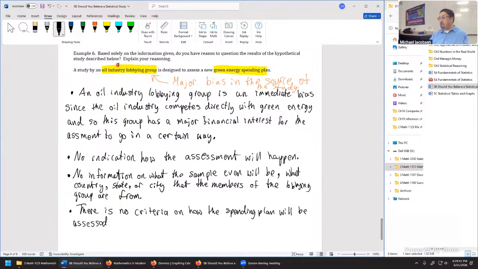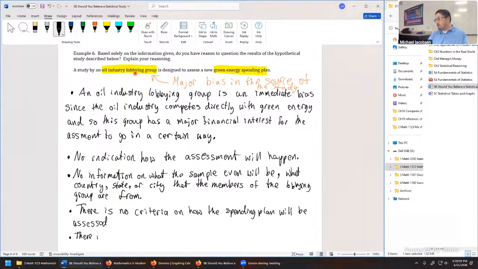We just happen to work for the oil industry, but that makes us somehow qualified. But we know that's shaky. That's a major bias. There's more to assessing energy than just being part of an industry and their lobbying group to boot. So let's put that here as well.